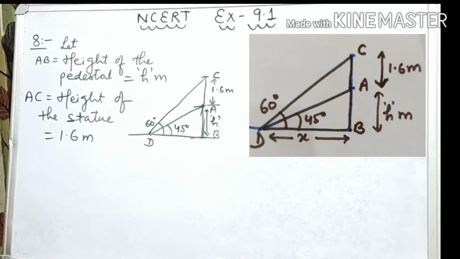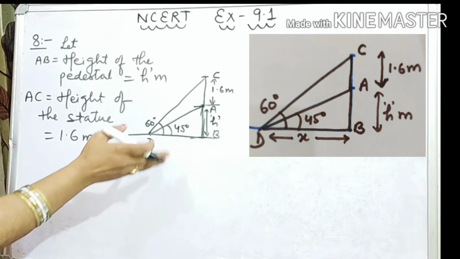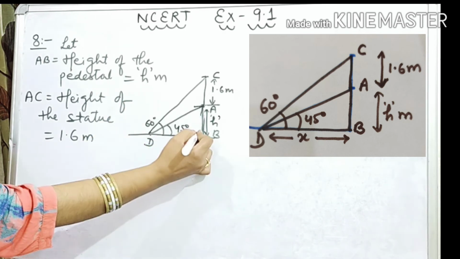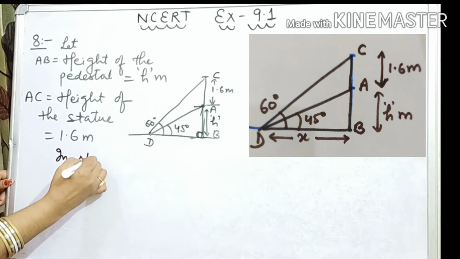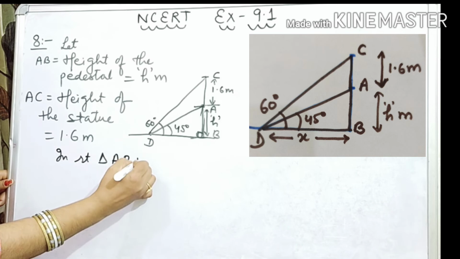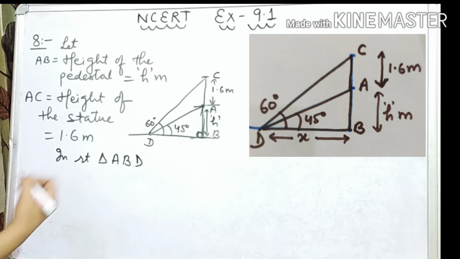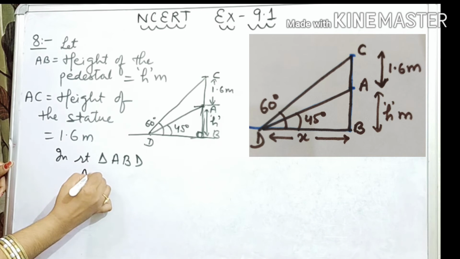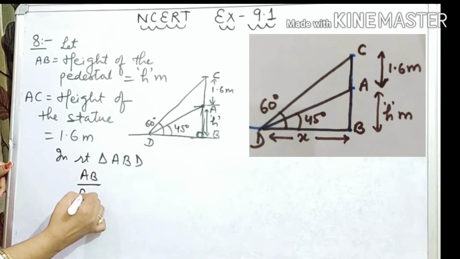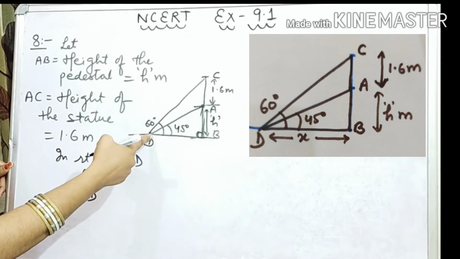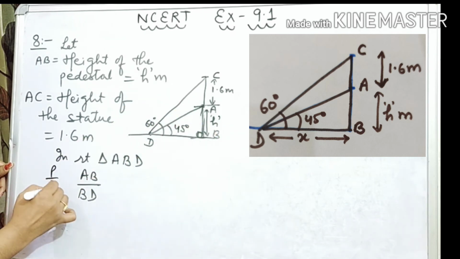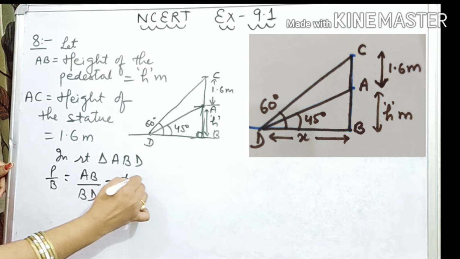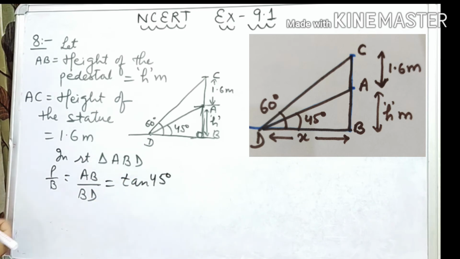Now we again have to take the two right triangles here, make the equations and solve for this h. So first, the right angle, and now we'll take the first right triangle, that is right triangle ABD. In ABD we have AB, and BD, and AB by BD for this angle is perpendicular by base, and perpendicular by base is tan theta, and theta is 45, that's why it will be tan 45.